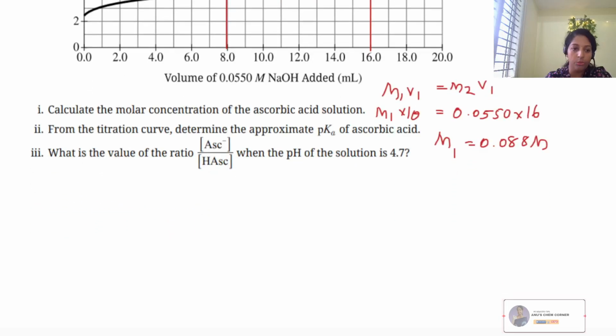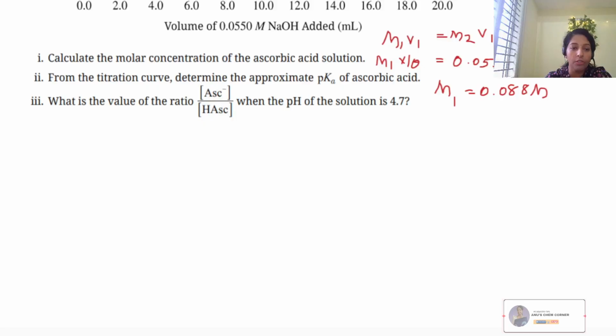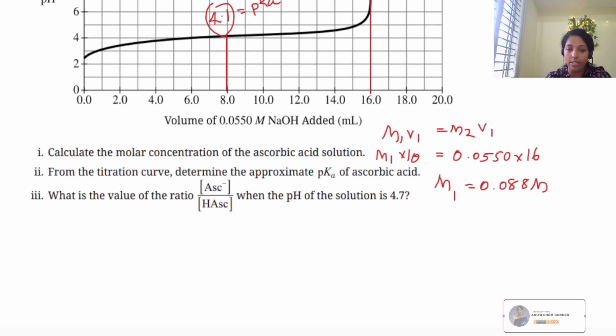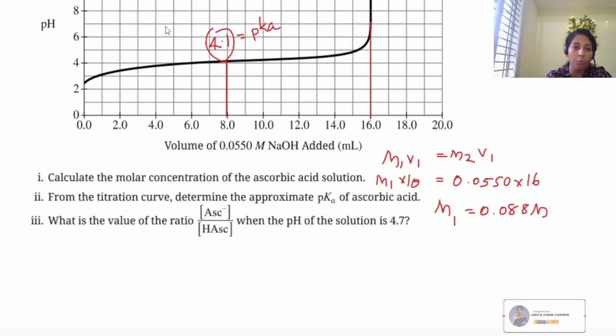Okay, right. And the third part: what will be the ratio of base over acid when pH is equal to 4.7? So see, pH 4.7 means it is definitely below the equivalence point, right? Below the equivalence point, the system is a buffer. If you do not know the concept, you can watch my video about buffers and titration.